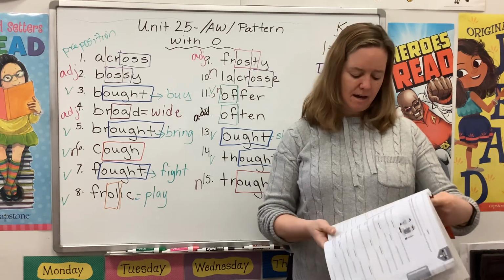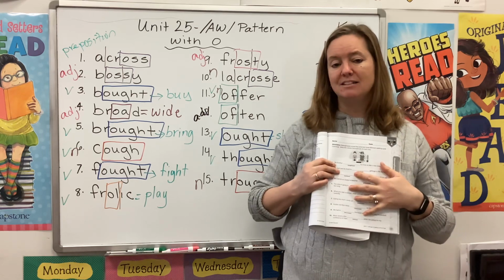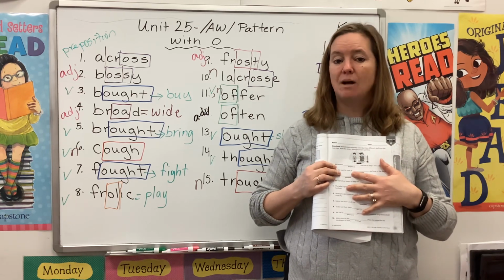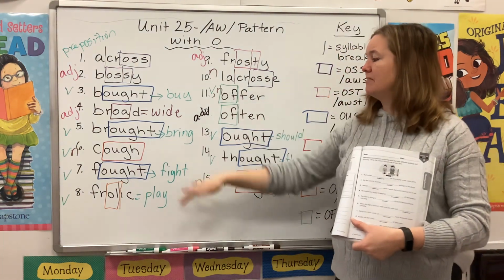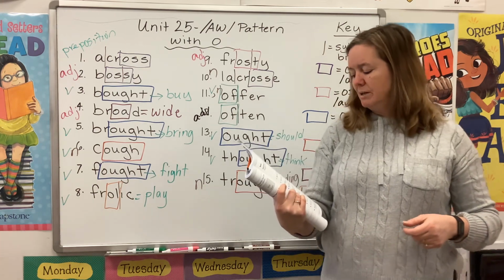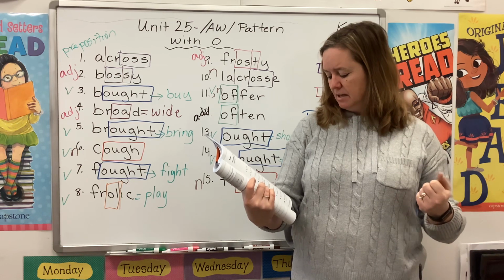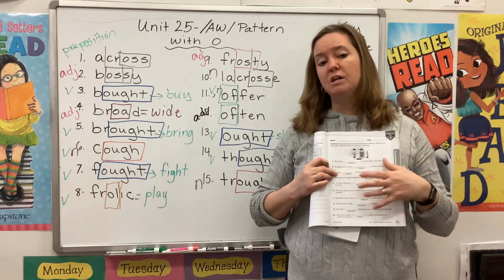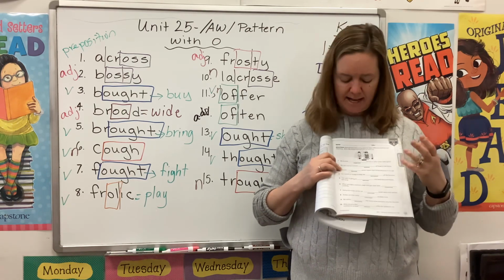And then when you get to the next page, you're going to have practice with homophones. Remember, homophones are two or more words that sound the same but are spelled differently. Now, we don't have any homophones on our list this week, but last week we did. We had words like pause and paws, haul and hall. So all of your homophones this week are going to have that aw sound, and you're just going to have to decide which one fits.